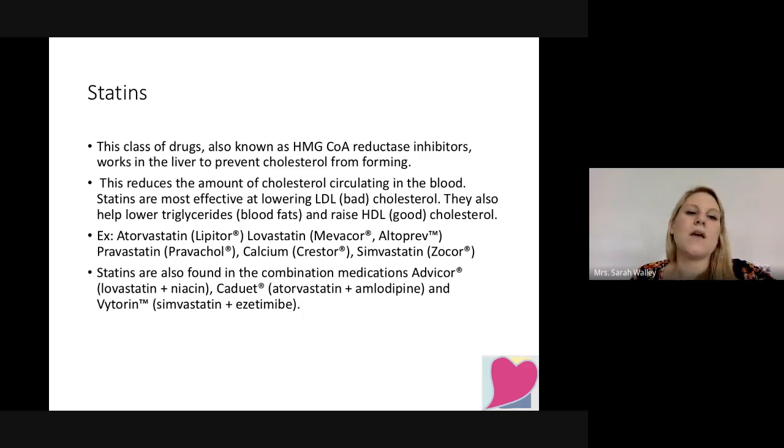This class of drugs, also known as HMG-CoA reductase inhibitors, work in the liver to prevent cholesterol from forming. I don't know how I feel about that, to be honest, because if you completely stop making cholesterol, that could probably be bad. Are people's bodies really working to their fullest if they're stopping cholesterol from forming?